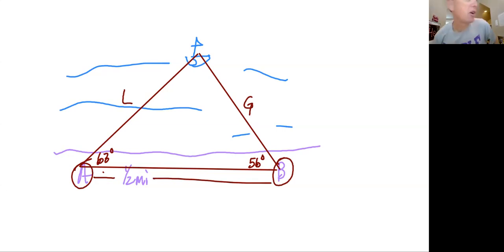I think the key here is me drawing this up, this has created a pretty doable problem. Your challenge is, could you start with this and turn it into that problem? That's going to be your challenge. But let's go and try this.